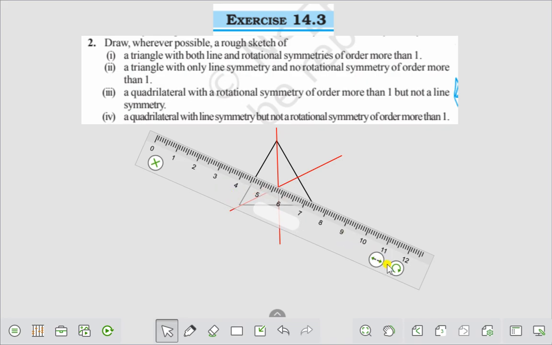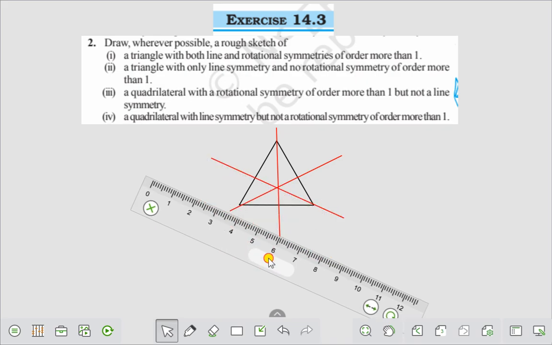This one is another line symmetry, that is, we are getting 3 lines of symmetry for this triangle.